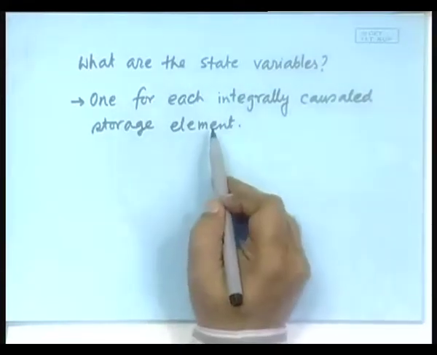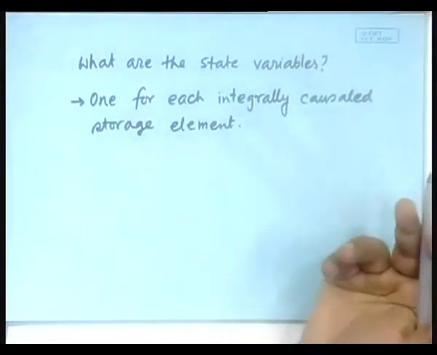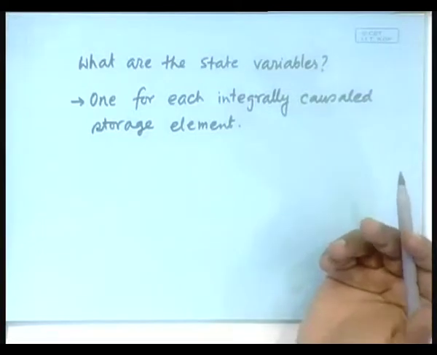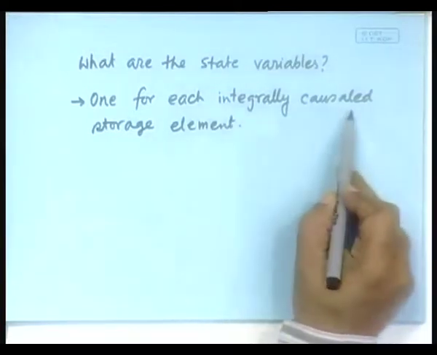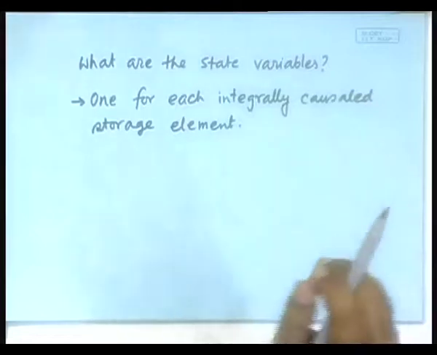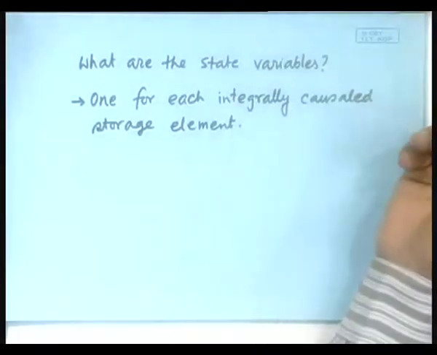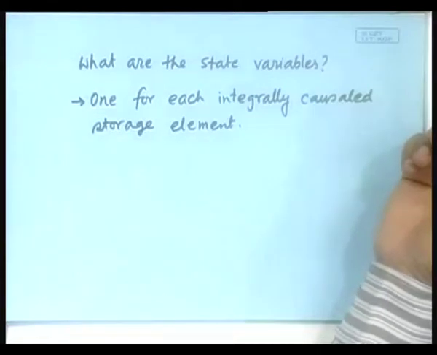So, for every integrally causal storage element there will be one state variable, and this is important because if there is a differential causality, that particular element will not produce a state variable. That becomes somewhat standard.